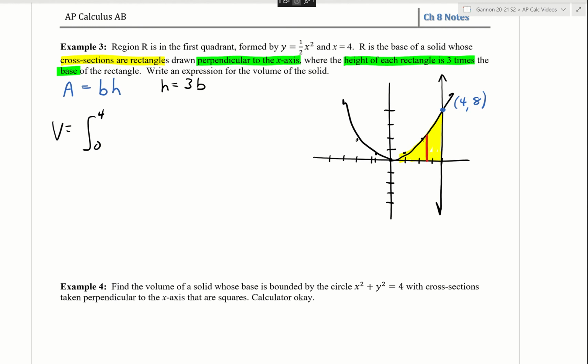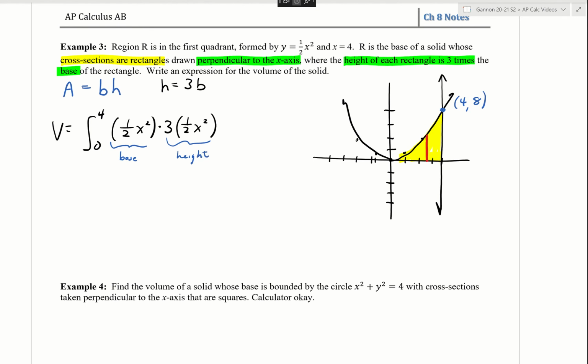So really, it's just whatever the height of 1/2 x squared is. So the base is 1/2 x squared. And then the height is 3 times the base. So this is going to be times 3 times 1/2 x squared. So this piece right here is coming from the base, and this is the height.